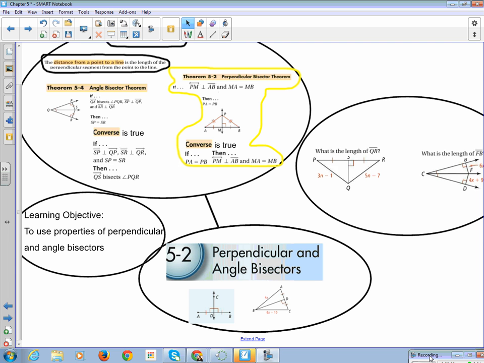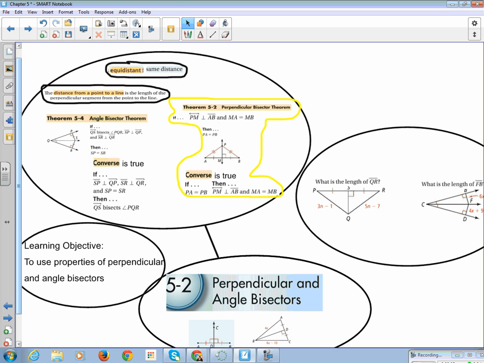The first important item that I found in this section was the word equidistant. Equidistant means same distance, like equal distance. It's not rocket science here. Then the distance from a point to a line is the length of the perpendicular segment from the point to a line.